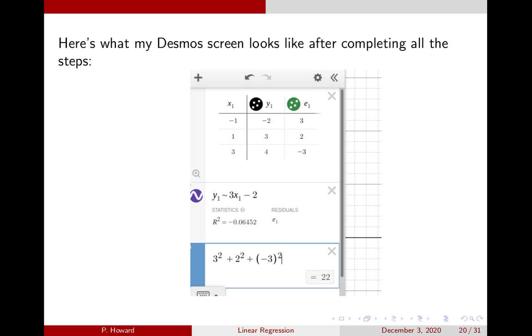I clicked on the plot button, and this third column with entries 3, 2, minus 3 appeared in the table. These numbers are the deviations. To get the final answer, to get the sum of the squared deviations, I have to square each of these numbers and add the squares. This I have done in the calculation box number 3. And as we saw on the previous slide, 22 is the sum of the squared deviations.